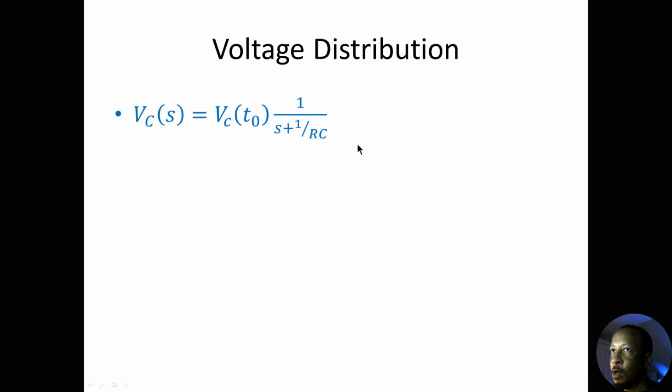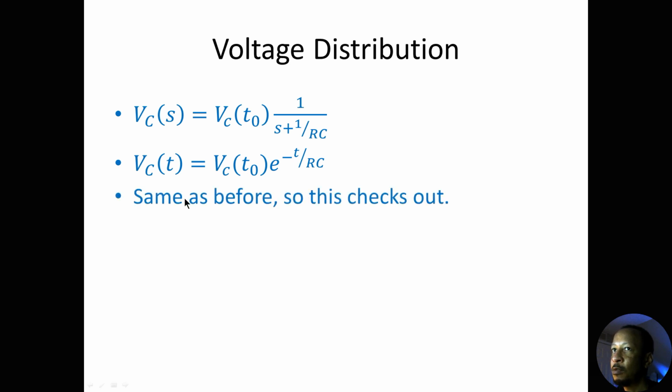That finally gives us, when we put this into standard form, VC of S equals VC of T sub 0 times 1 divided by S plus 1 over RC. And then that translates into the time domain as VC of T equals VC of T sub 0 times e to the negative t divided by RC. So that is the same as before, so this checks out.